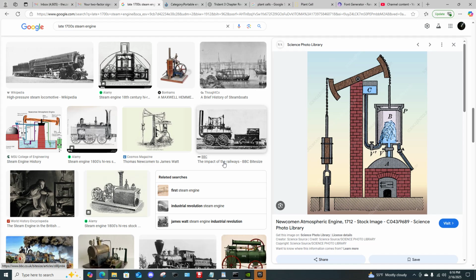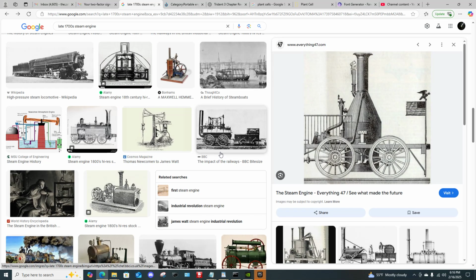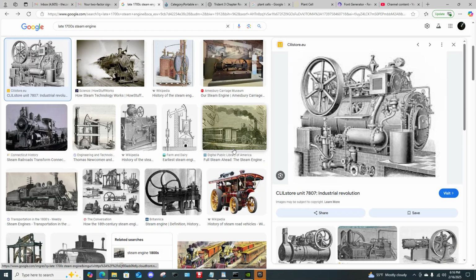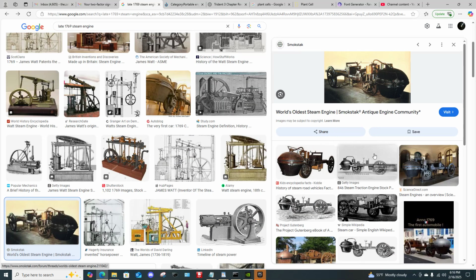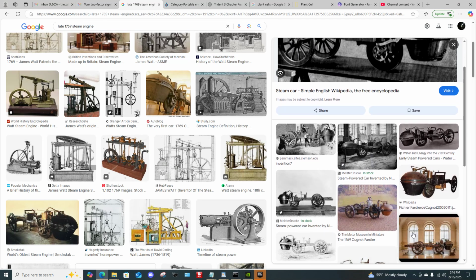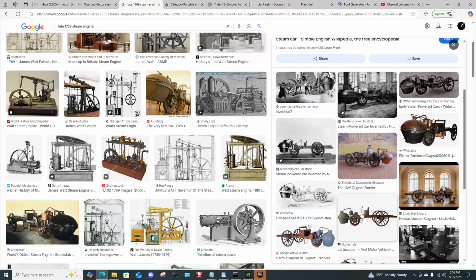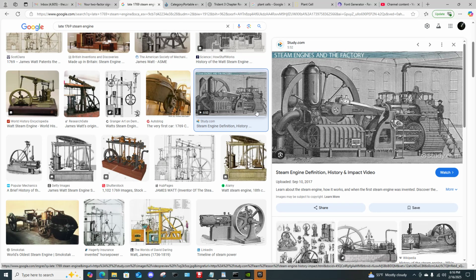Then for an automobile, you go into these kind of designs. So if you think about it, how did we go from this to something like this in a matter of 10 or 20 years?